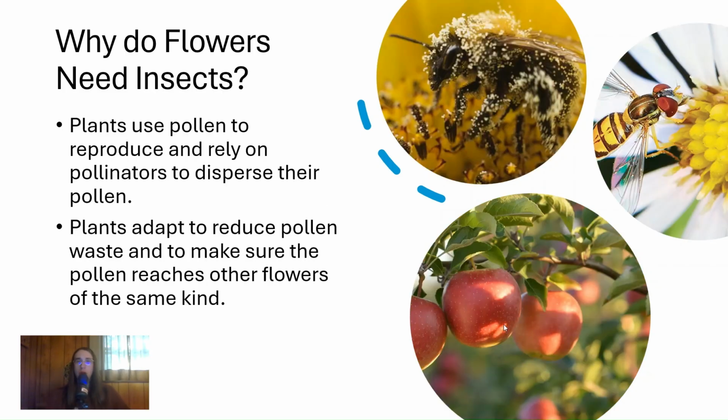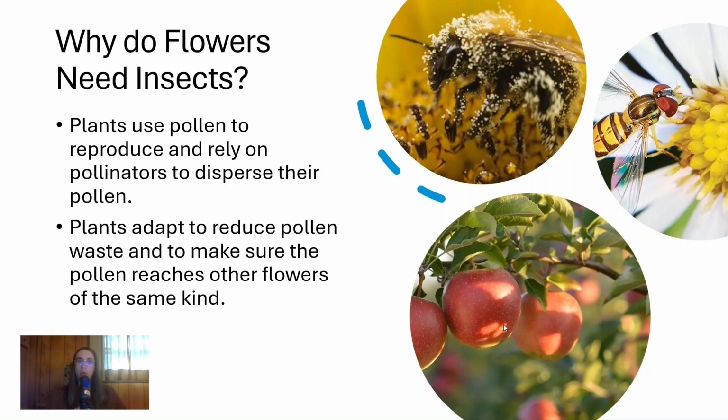So, why would a flower need an insect to pollinate it? Well, pollination is the main method of reproduction for a lot of species of plants. Take an apple, for instance, right? That is the result of pollination.